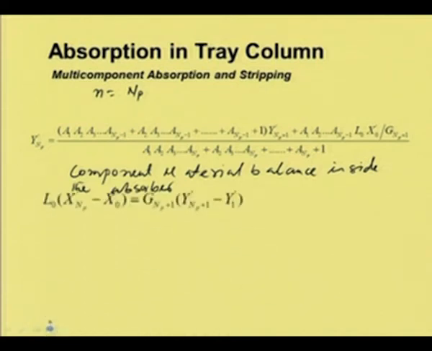So, we can get L naught into x n p dash minus x naught would be equal to g n p plus 1 y n p plus 1 dash minus y 1 dash.